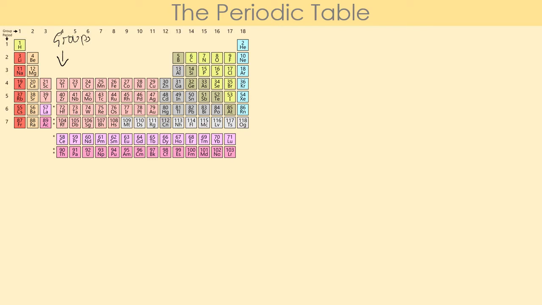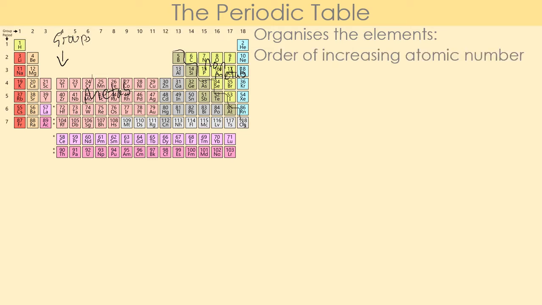We can also draw a stepped line across here. And we've got metals, and we've got non-metals. Loads of different ways we can do it. But the important thing is, it will organise the elements, and it organises them in a particular way.